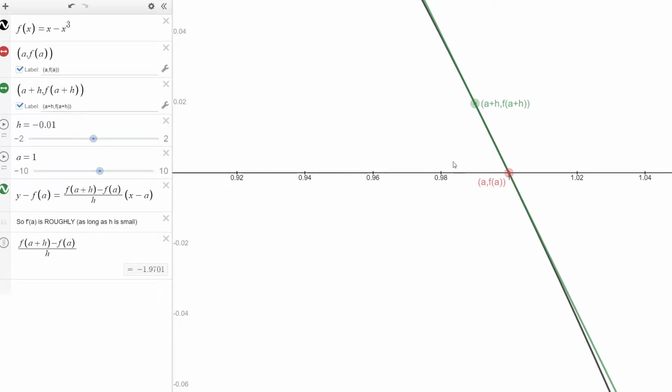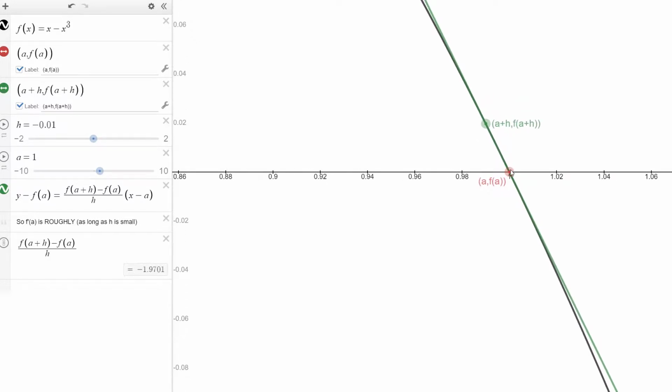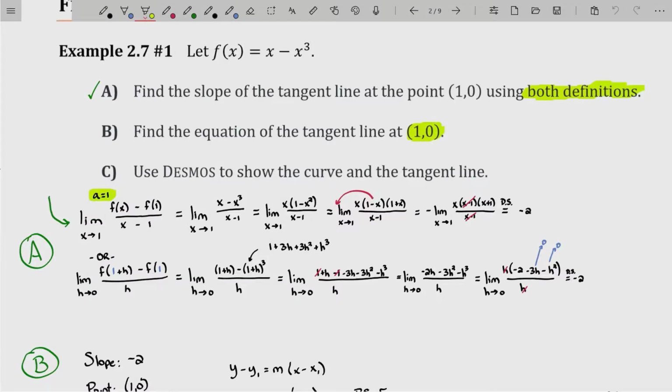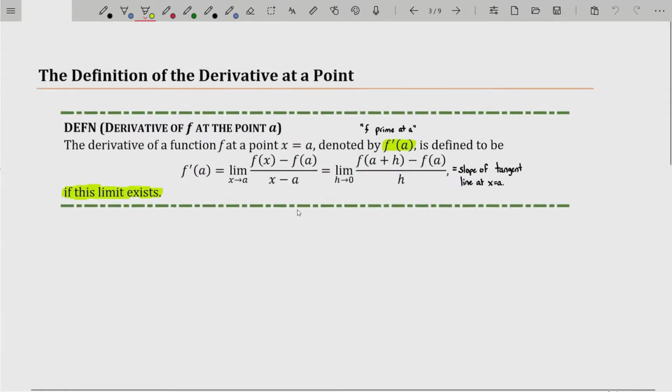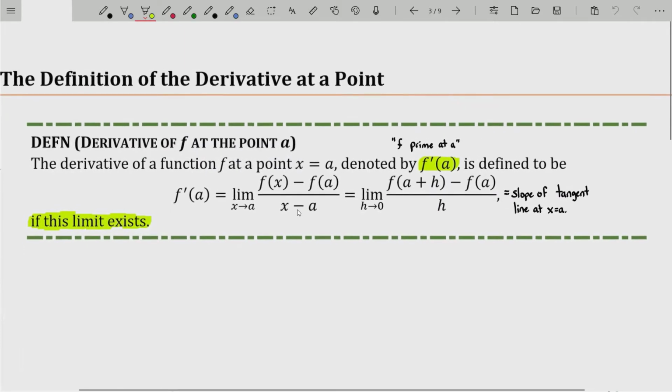So halfway between those two is about -2. So we think the derivative is -2. That should be okay with you because the example we just did in the previous video, using that same exact function, showed us that the slope of the tangent line at x equals 1 is -2. And we've just said that the derivative is the slope of the tangent line at that point. So that kind of matches up.